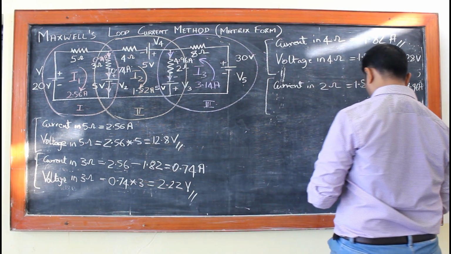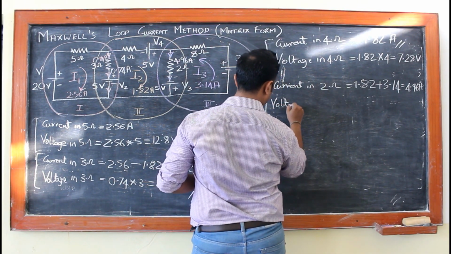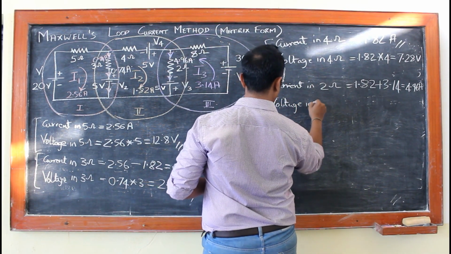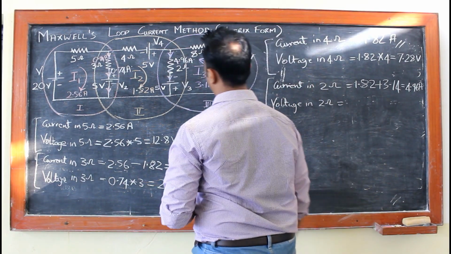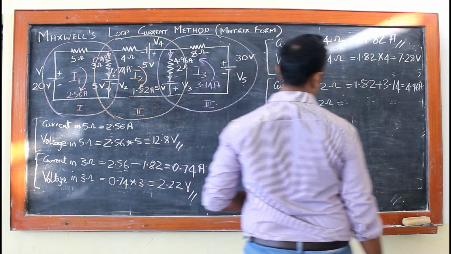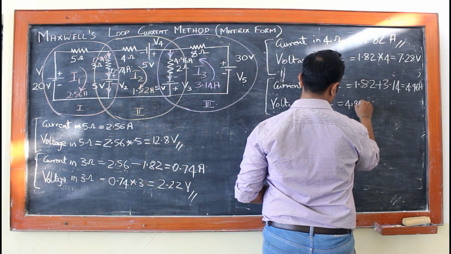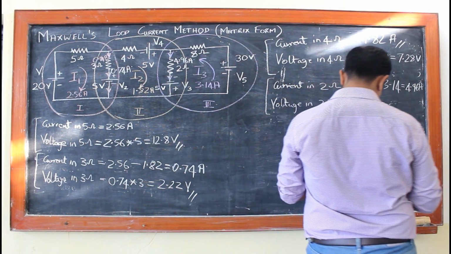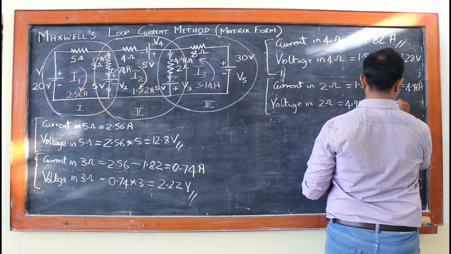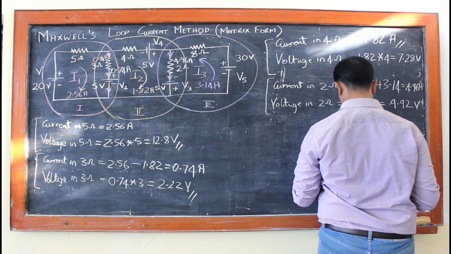In the same way, voltage in the 2 ohms resistor will be equal to I into R. I have the value of I, which is 4.96, into 2, which is equal to 9.92 volts.